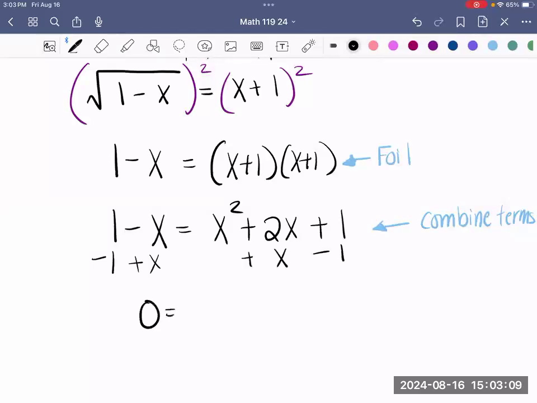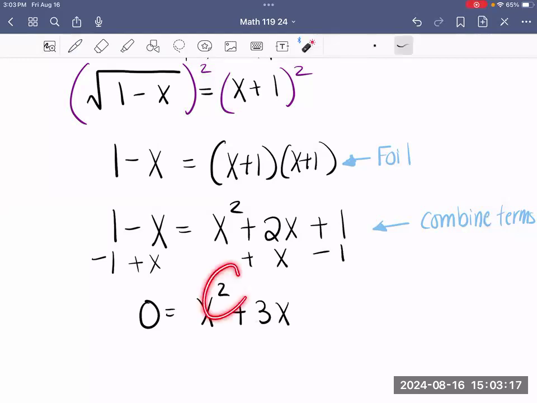So you're left with 0 on one side, x squared plus 3x, and that's it. Now, when it is any sort of polynomial, so as long as it's not linear, you're going to be thinking about factoring.